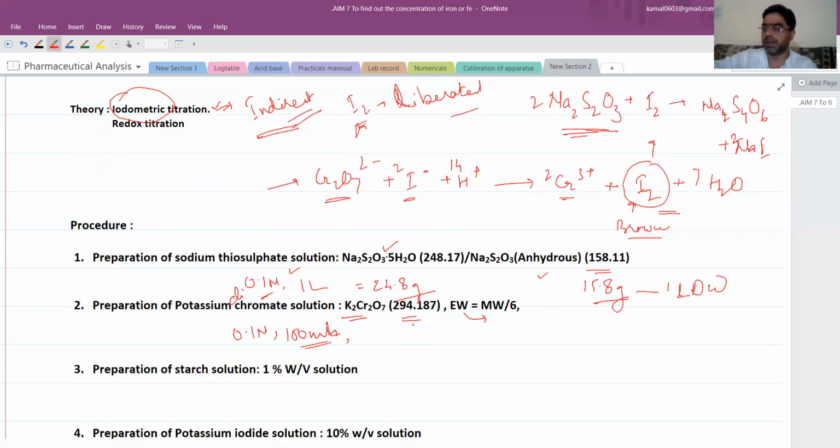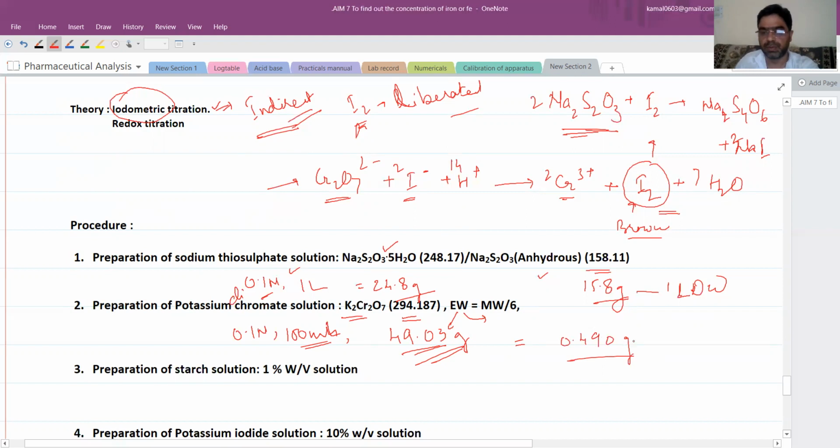If you take 49.03 gram in 1 liter, that will be 0.1 normal. In order to prepare 100 ml, we will take 0.490 gram, which has to be accurately weighed out with the help of a chemical balance or a digital balance.